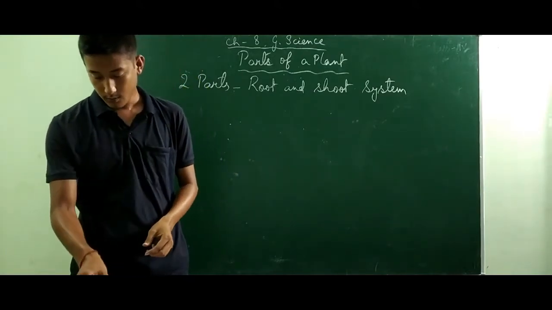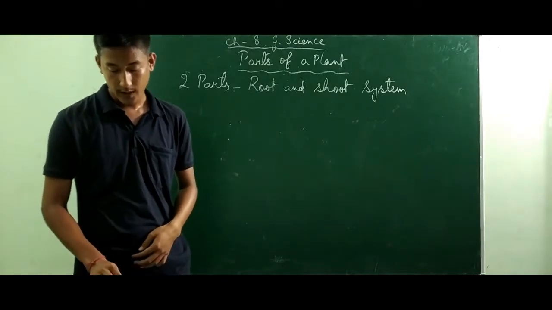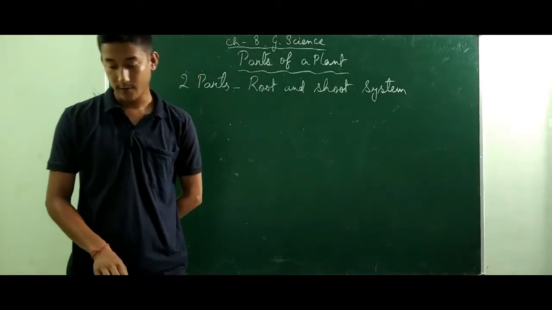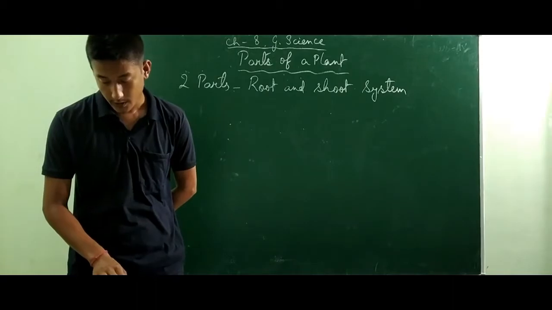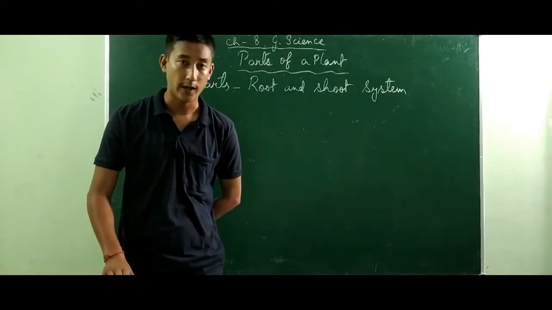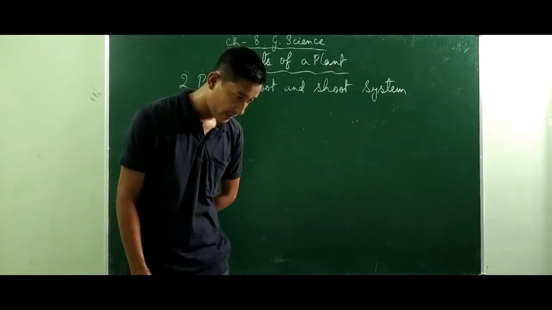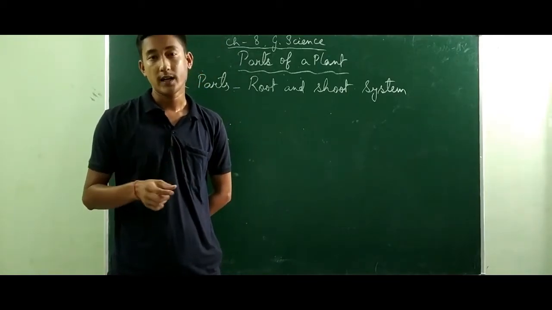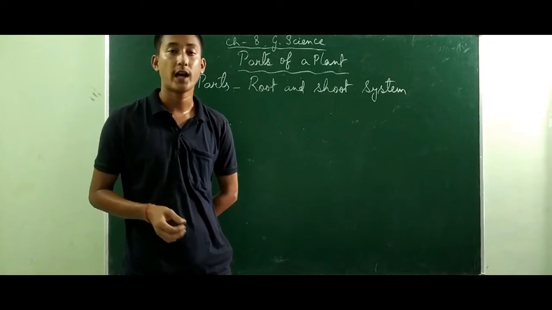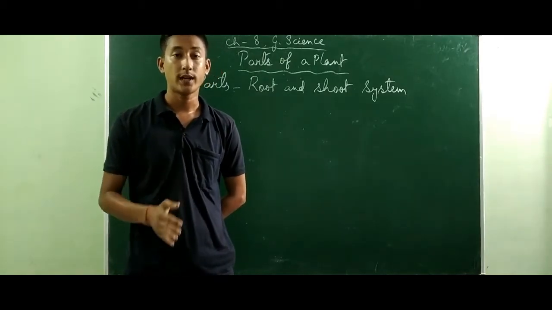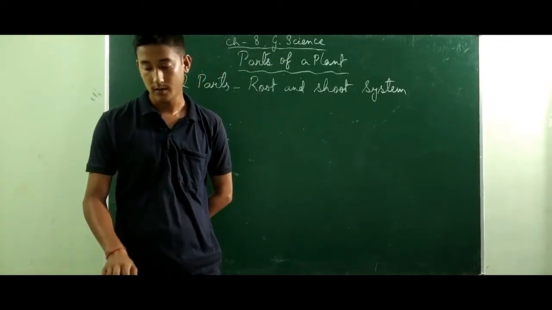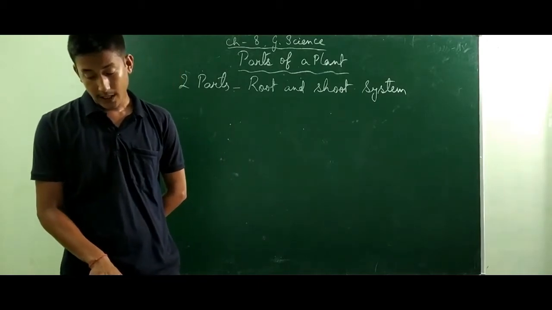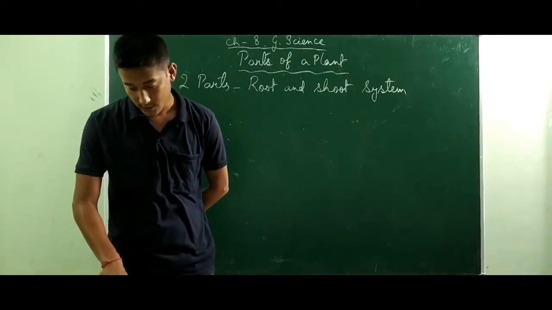Now, what do roots do? If plants did not have roots, they would topple over. Roots fix a plant firmly to the soil, like our feet help us to stand straight. In plants the roots help them to stand straight and strong. Second, plants need water and minerals from the soil.